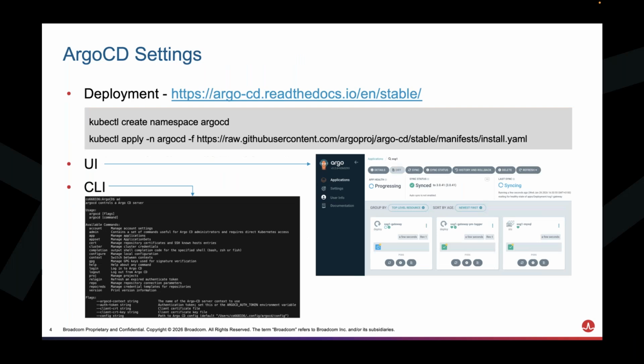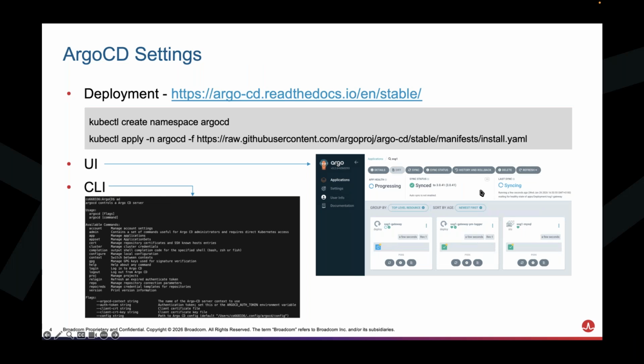So moving on, regarding the Argo settings, the deployment of Argo is pretty easy. You create a namespace called argocd, and then you apply this configuration file, and it creates a couple of pods, which I will show you. And with that, you have the ability to create applications through a UI.